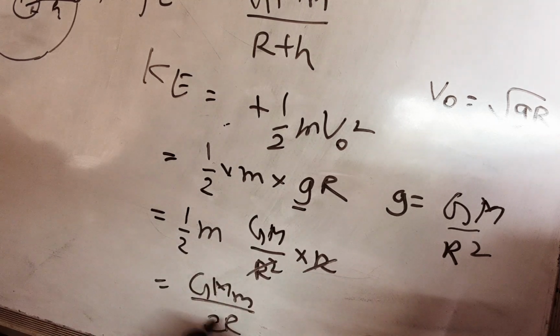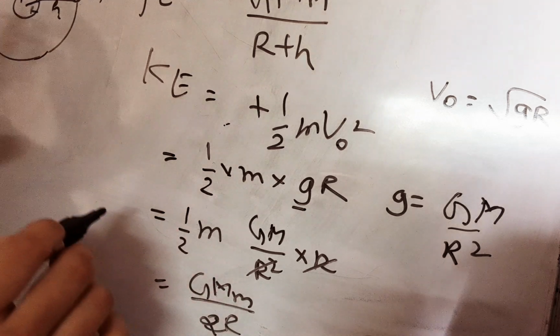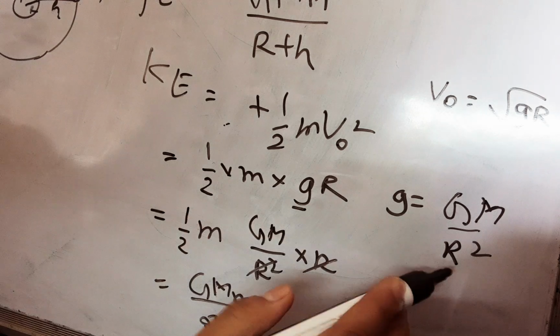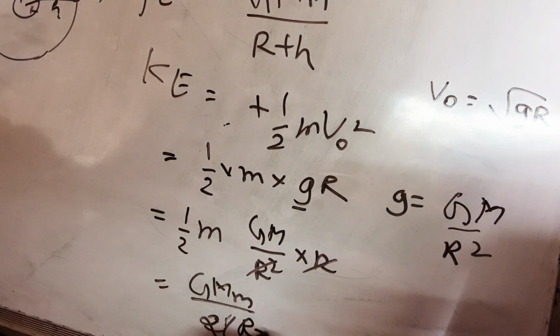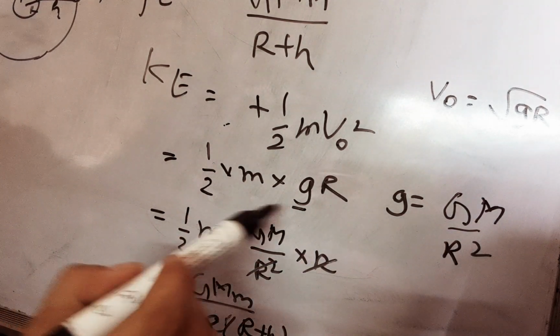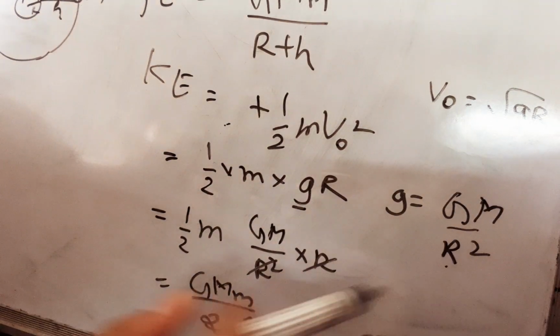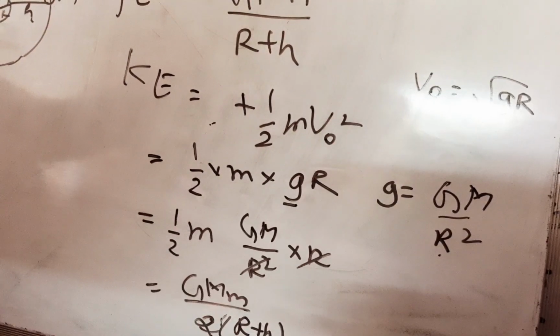But this R is the distance, and here the distance is R plus h. I told you before also, this should be the distance, so this should be R plus h. In the starting I considered a radius, but it should be distance.